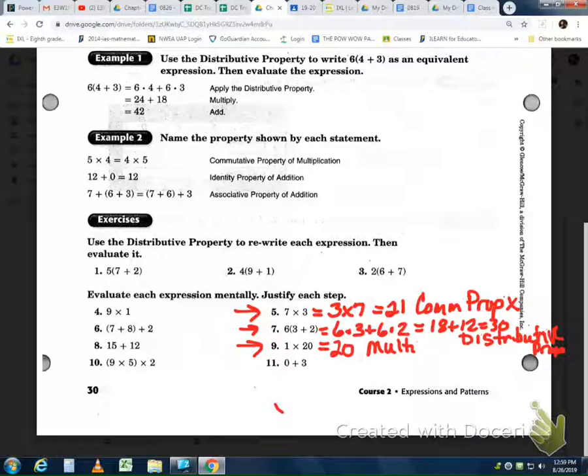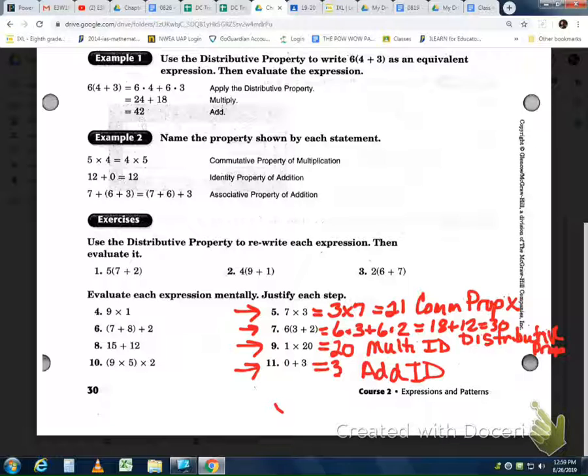Let's do multi-ID. The multi-ID. It's the multiplicative identity. Number 11, 0 plus 3. What is it when you take 0 plus 3? Brandon? 3. And what property is that? Identity property of addition. Right, so we're going to call it the add ID.